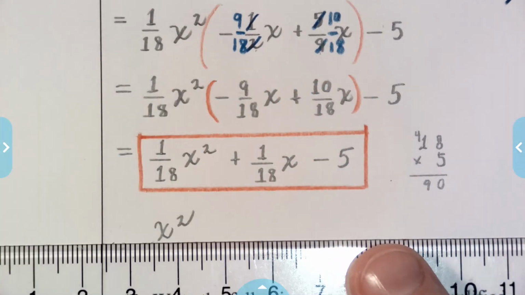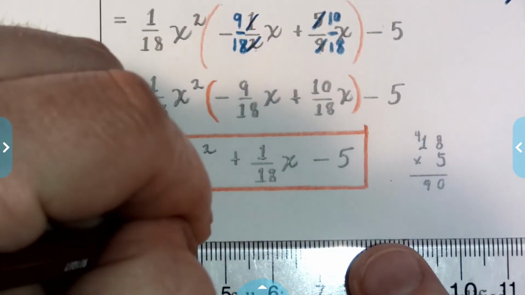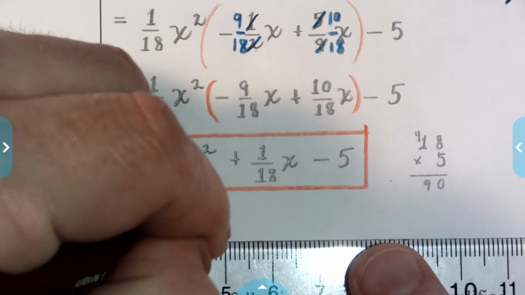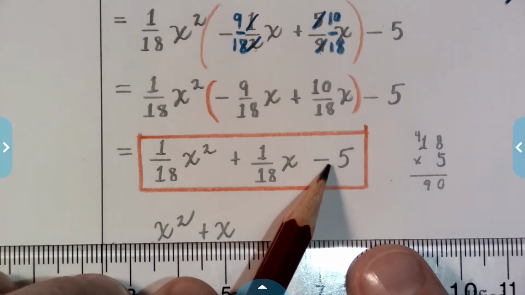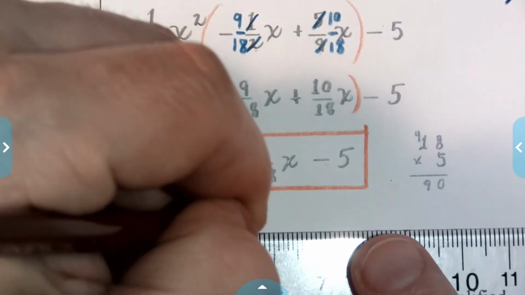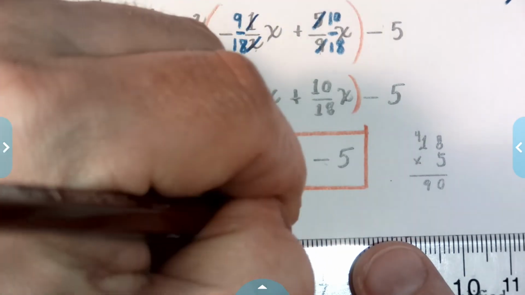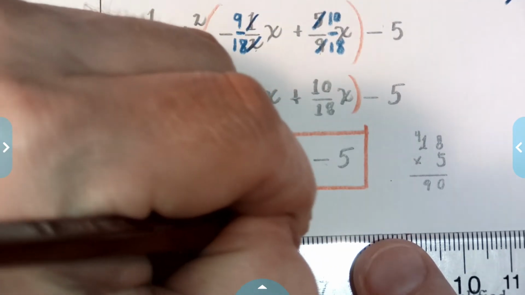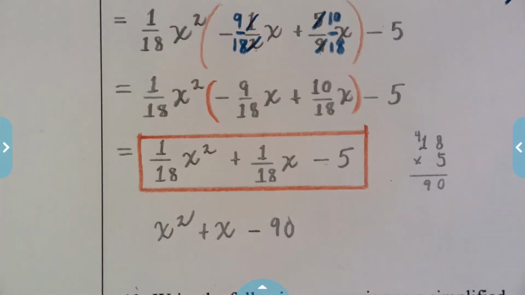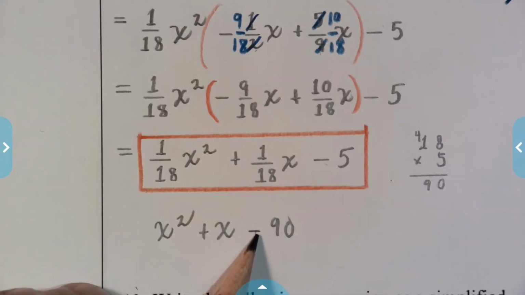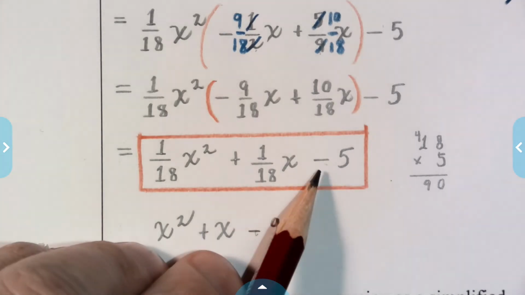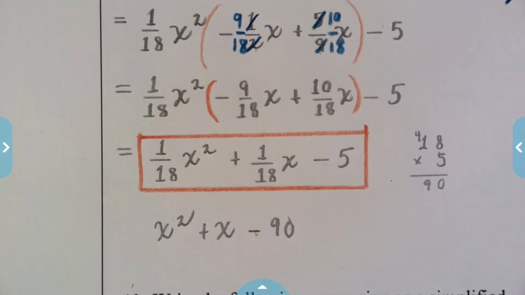You'd eliminate the 18 here, and it would just be x. And then you would make this into minus 90. Okay, again, those are very different. This has a y-intercept of negative 90, and this has a y-intercept of negative 5. But do they have the same solutions?